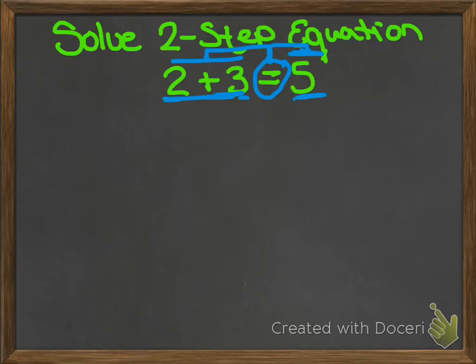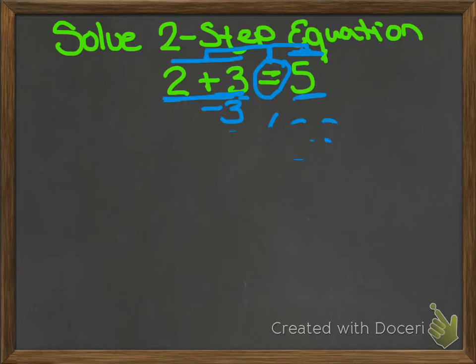Alright, so what if I took 3 of the apples away? Then I would have 2 apples, right? So would that still be equal? Well, no. 2 apples is not the same thing as 5 apples.